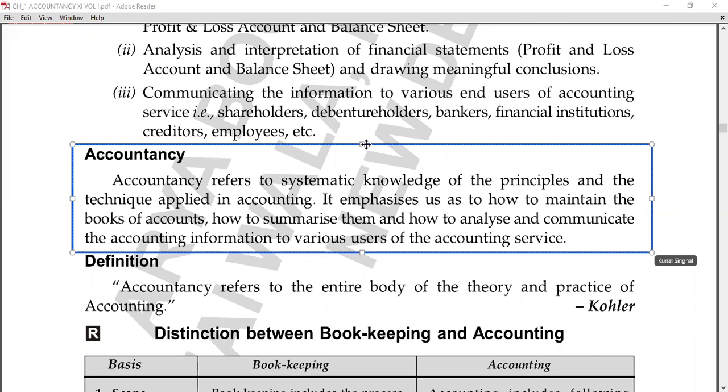That's it. So this is the meaning and definition of accountancy.